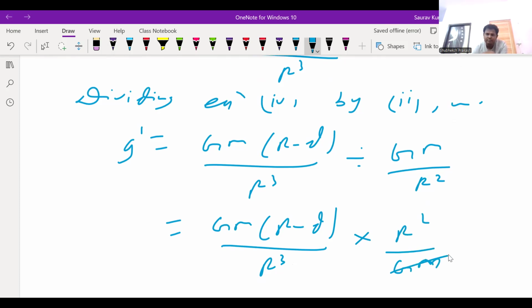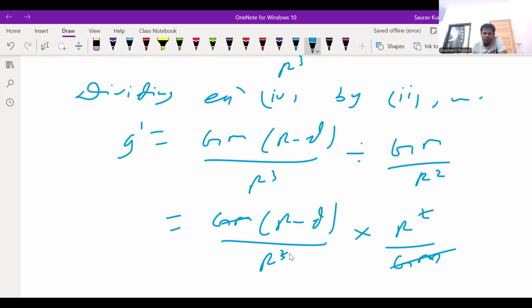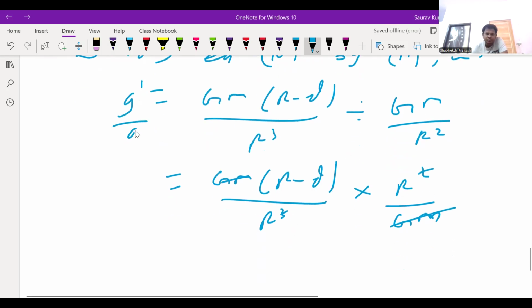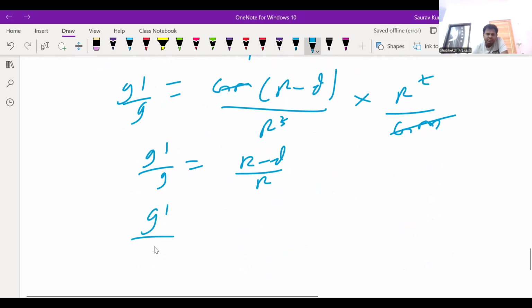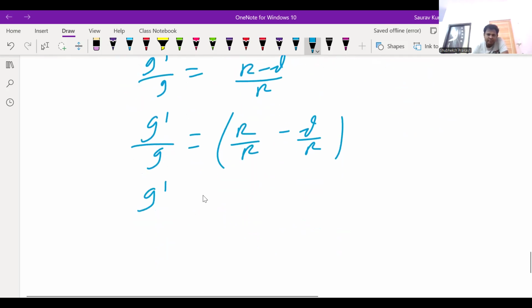This GM will cancel, and this square and this square will cancel each other. Then what will be left with us? Here g dash by g is R minus d by R. From here we say that g dash is equal to g into 1 minus d by R.